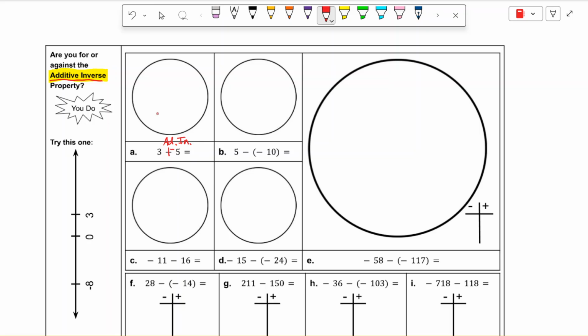And you could fill this in here. 1, 2, 3, plus 5 negatives. 1, 2, 3, 4, 5. So you don't have to deal with adding zeros ever with the additive inverse. Then you find your zeros, and the leftover is -2.